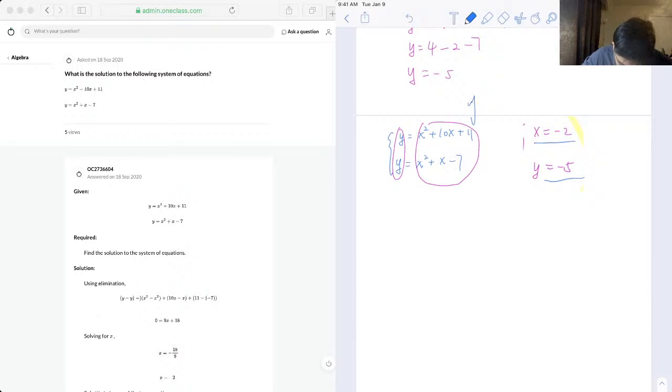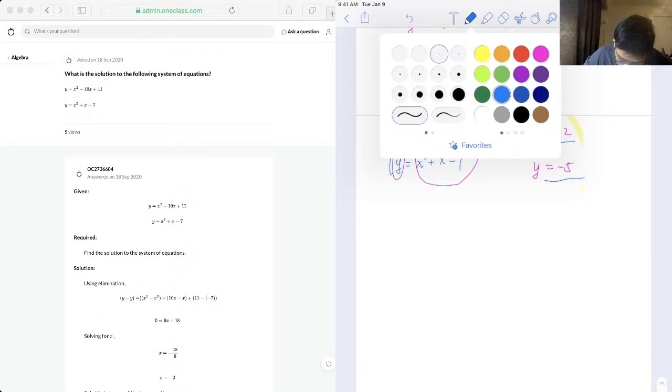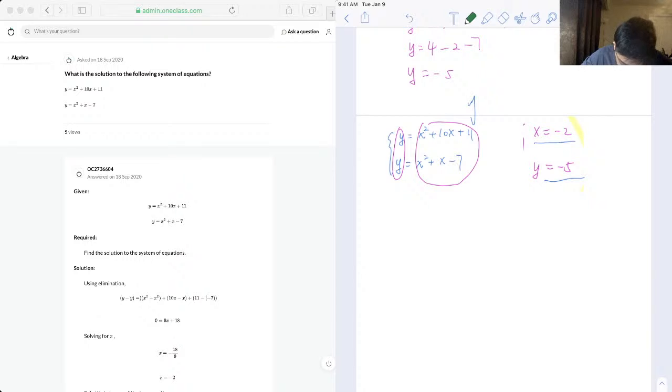So the first equation will be negative 5 is equal to, instead of writing x, we write negative 2 squared plus 10 times negative 2 plus 11.